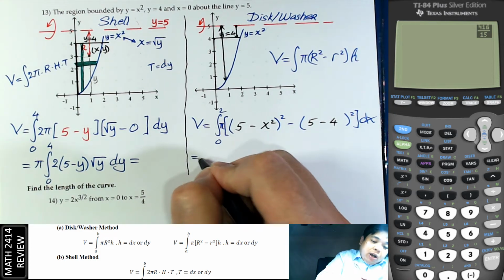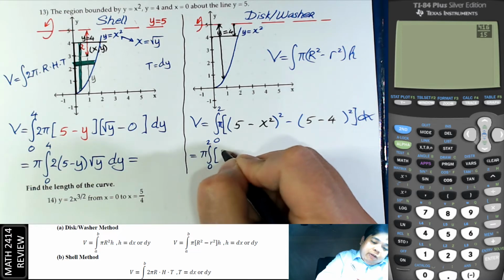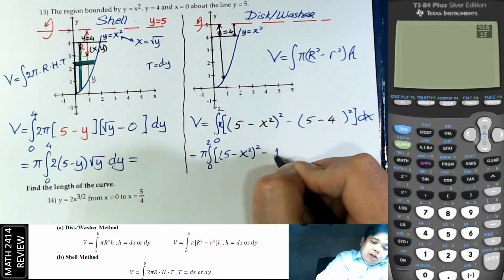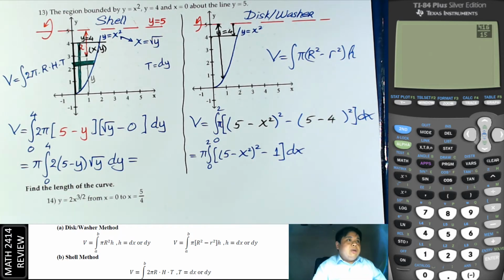And put our pi. We have 5 minus x squared, minus 1 squared, just 1. Right, let's do that. Keep the pi outside, going from 0 to 2. 5 minus x squared, squared.